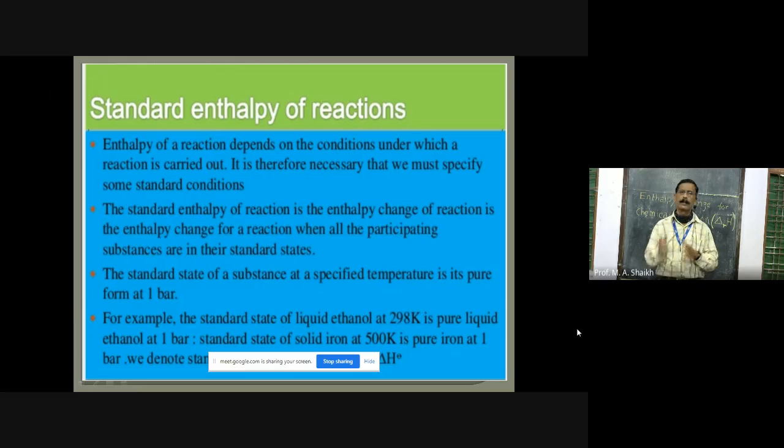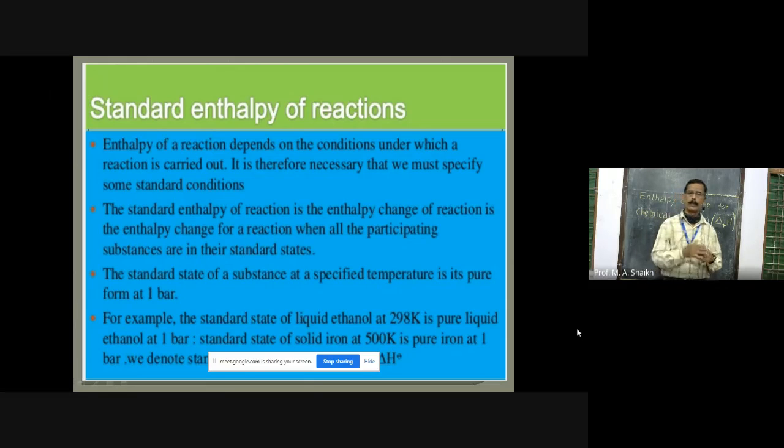Listen once again. Standard enthalpy of reaction is nothing but the enthalpy of reaction, but the reactants and products, the substances involved in the reaction, are in their standard state. The other conditions, conditions of temperature and pressure, are also standard conditions.